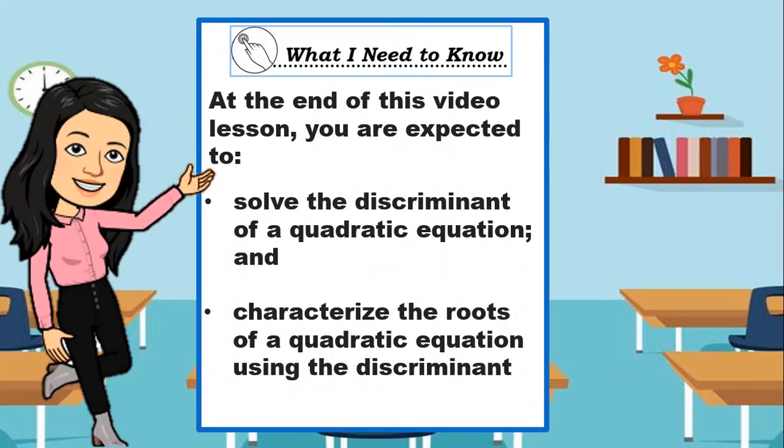For our objectives, at the end of this video lesson, you are expected to: first, solve the discriminant of a quadratic equation, and second, characterize the roots of a quadratic equation using the discriminant. Before we start with our new lesson, let us first review the following.